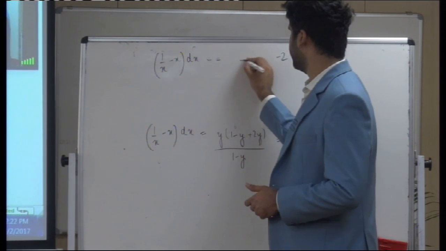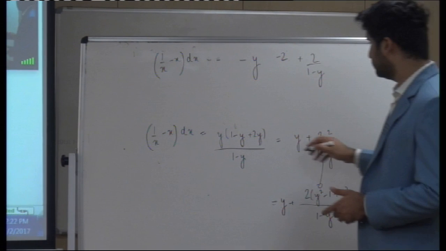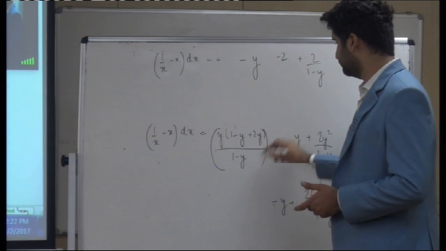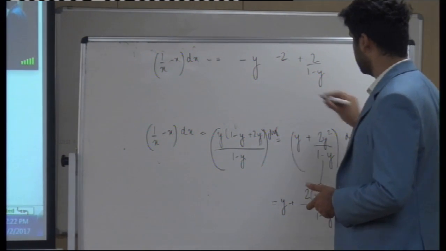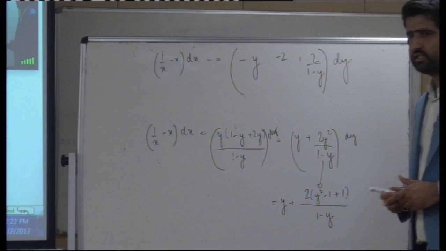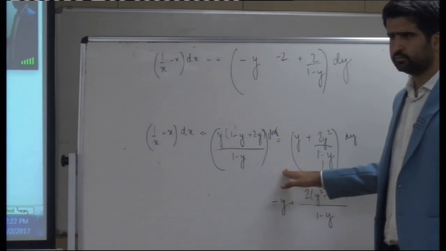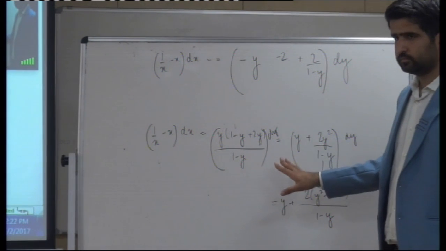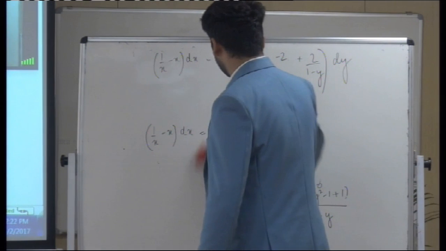So this is a final thing which you are getting, times dy over here, okay? Now the next step is very easy, just integrate both sides. This step is clear? You have a doubt? Okay. So just integrate both sides.